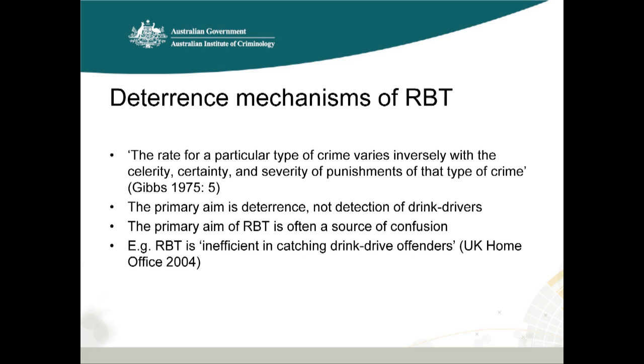Celerity means swiftness. His argument was that drivers who were aware of RBT operations would have increased perceptions of probability of detection and, due to fear of punishment, would be less likely to drink drive. So RBT is really all about increasing the subjective probability of detection.